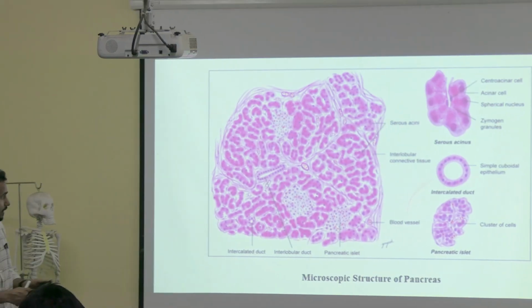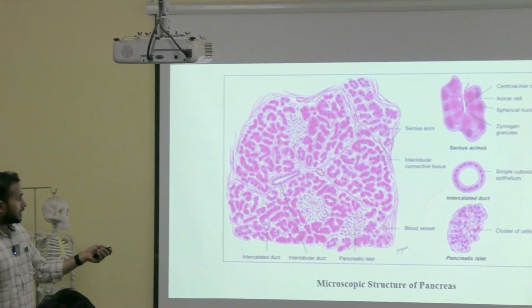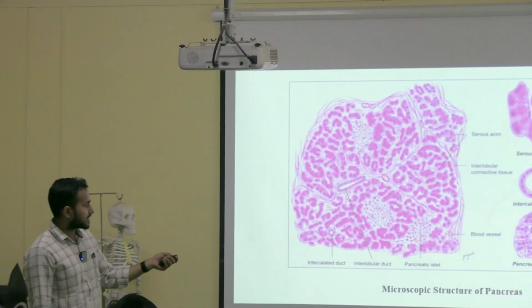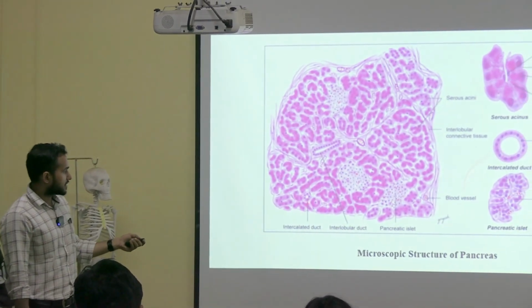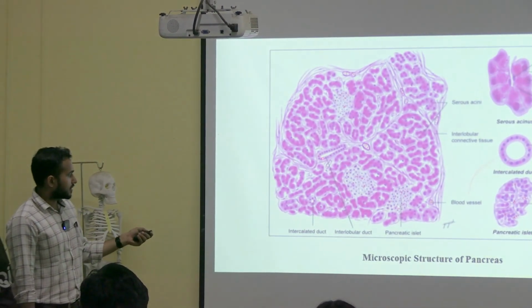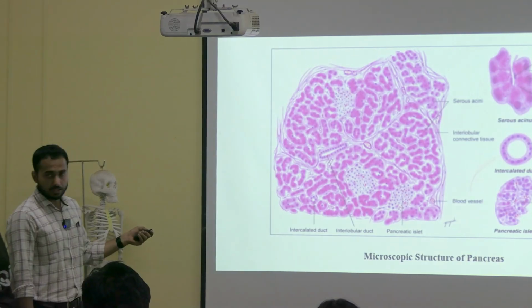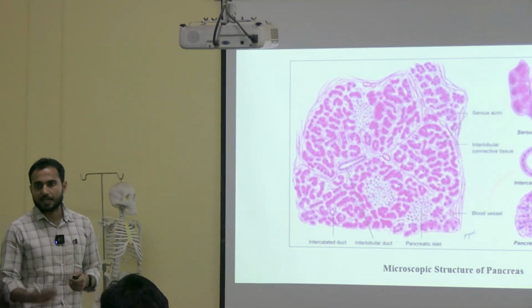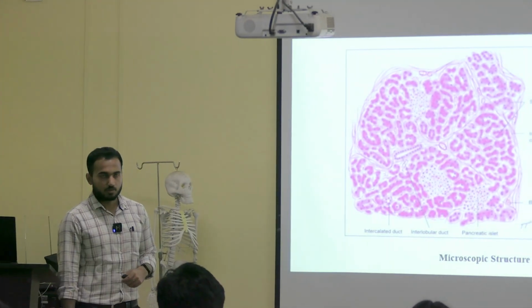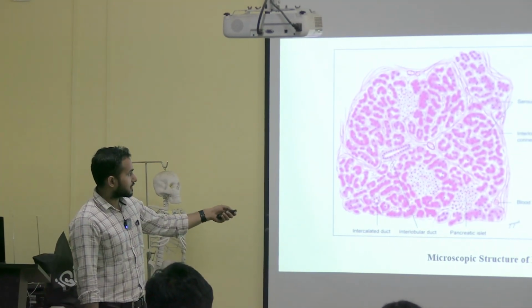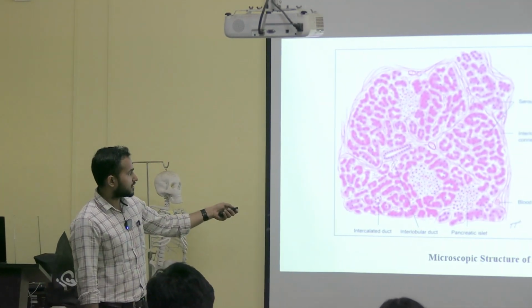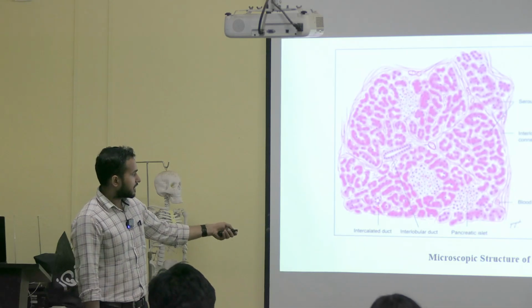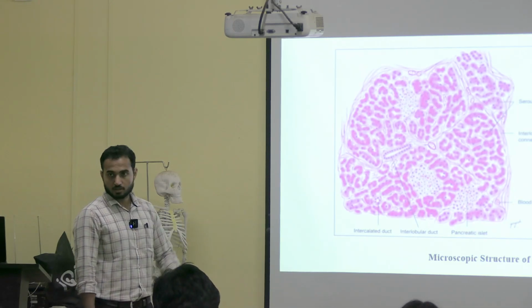Next, along with the pancreatic acini, you can see some ducts are also there. For example, you can see an intercalated duct, and here you can see an interlobular duct. How to identify the intercalated and interlobular ducts? Based on the diameter, you can easily identify. Just see the size of the interlobular duct; the diameter is larger, and then see the intercalated duct.